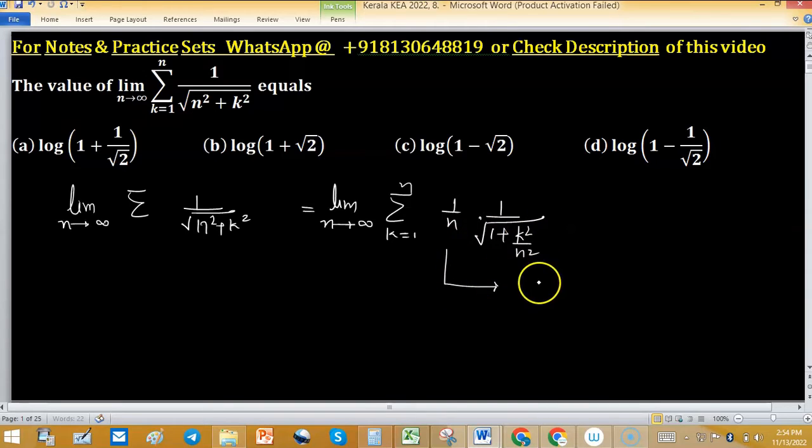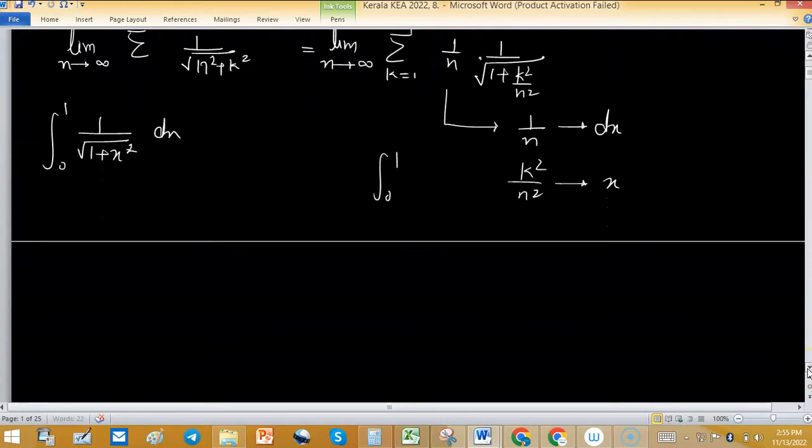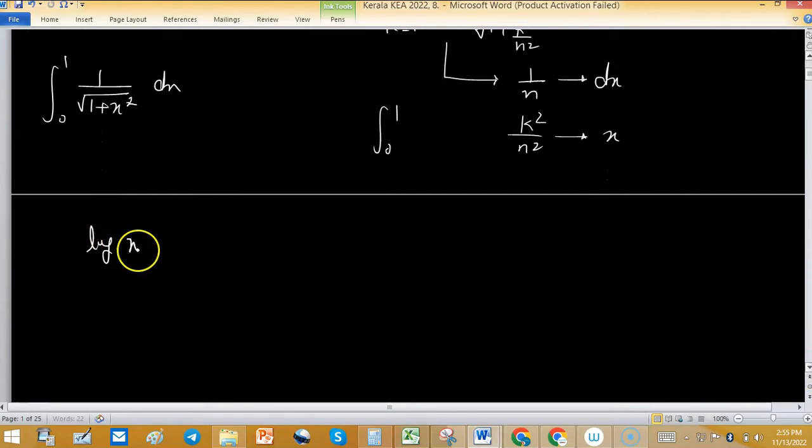Now replace 1 upon n as dx, k upon n as x, and the limits will be from 0 to 1. I can write this expression as integral from 0 to 1 of 1 upon square root of (1 plus x square) dx, and the formula of this integral is log of (x plus square root of (1 plus x square)), with mod because this is a log, and the limits going from 0 to 1.